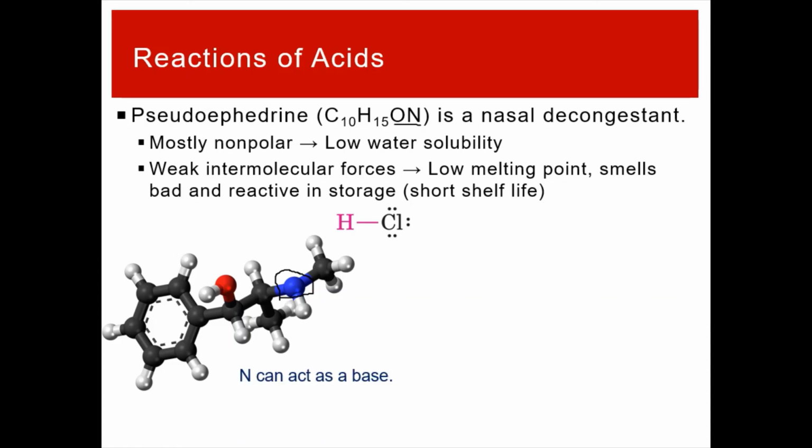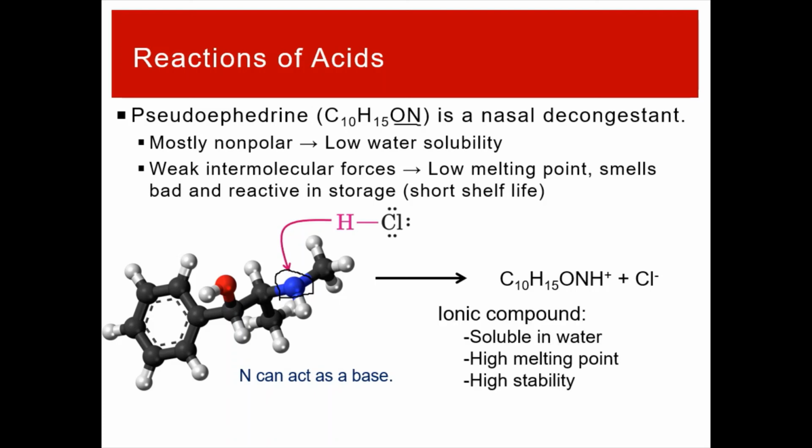So the N can act as a base. You react it with, say, an acid, so you can pair it with an acid. That now creates the conjugate acid of pseudoephedrine, C10H15ONH+. Now you have formed an ionic compound, because this is a cation. It's a very complicated polyatomic cation plus chloride.